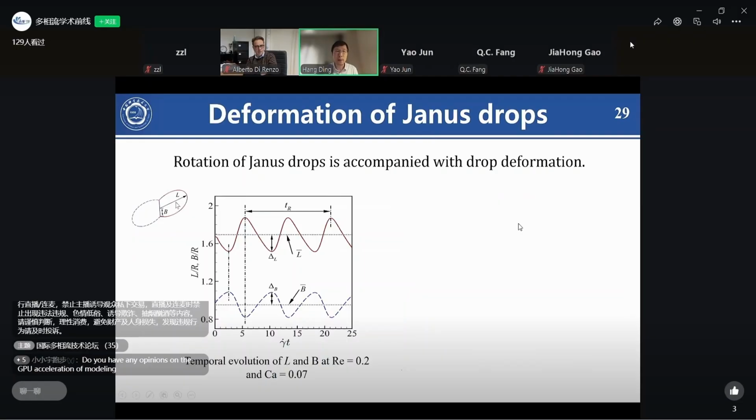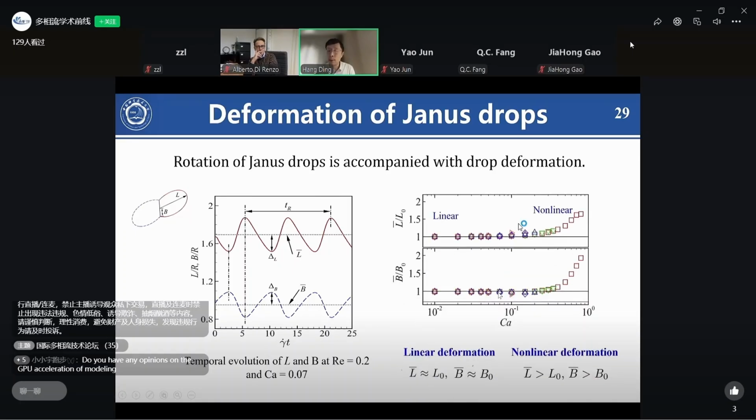We can see that the geometric parameters of this droplet can be defined like L, that means the half length along the central axis of the two-component droplet. We also measure the half width of this inner interface, that's B. If we track the time evolution of these geometric parameters, we can calculate, for example, the average value of L and the magnitude of L, as well as the average value of B, or B bar, or the delta B here.